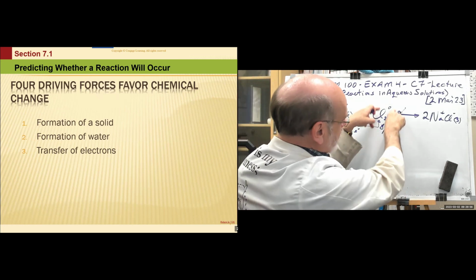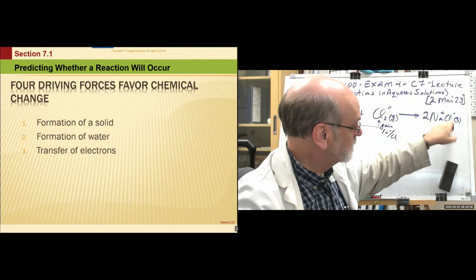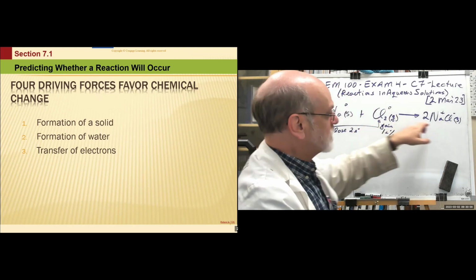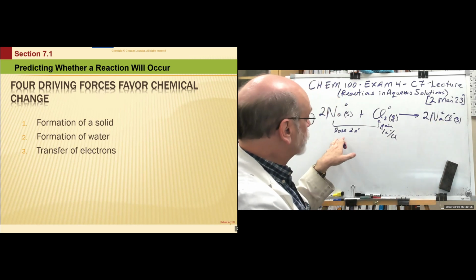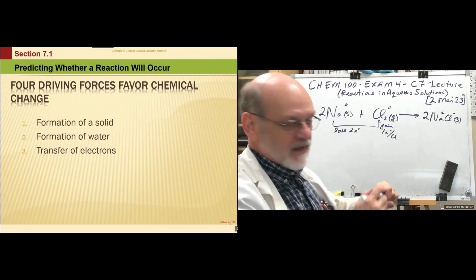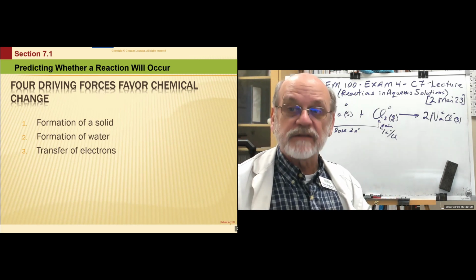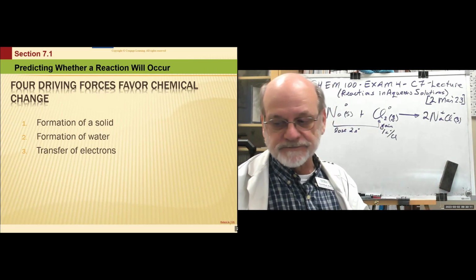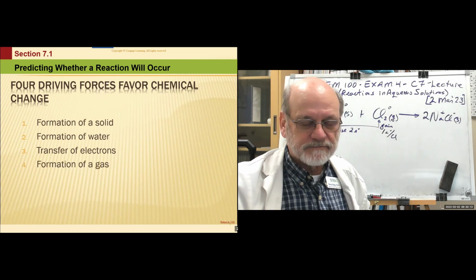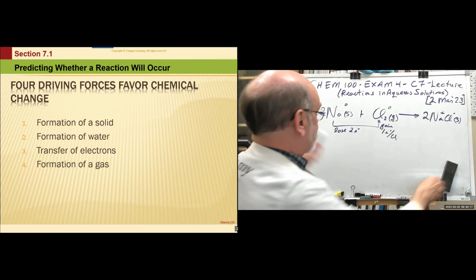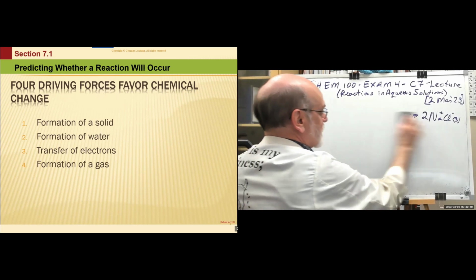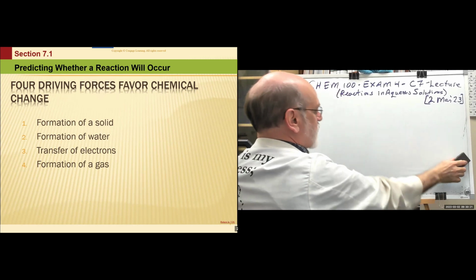Now we've got an extra electron for the chlorine here. And sodium is deficient in electrons. It's positive charge because we withdrew electrons from it. That transfer of electrons effectively drives the reaction. Formation of a gas. Okay. That's one other way that we can drive a reaction.